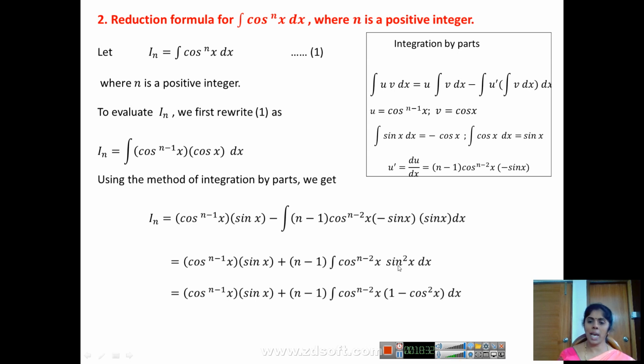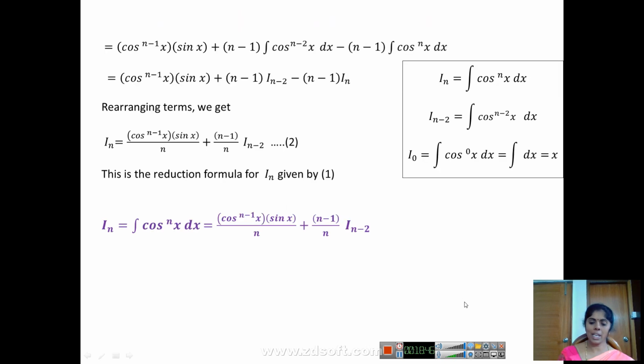Using the identity that sine square of x can be written as 1 minus cos square of x, and multiplying this with cos to the power n minus 2 of x, we get the expression in this form: cos to the power n minus 1 of x into sine x, plus n minus 1 into the integral of cos to the power n minus 2 of x dx, minus n minus 1 into the integral of cos to the power n of x dx.